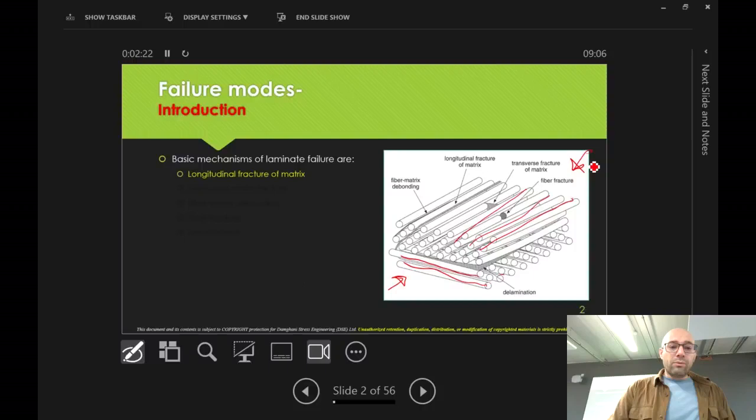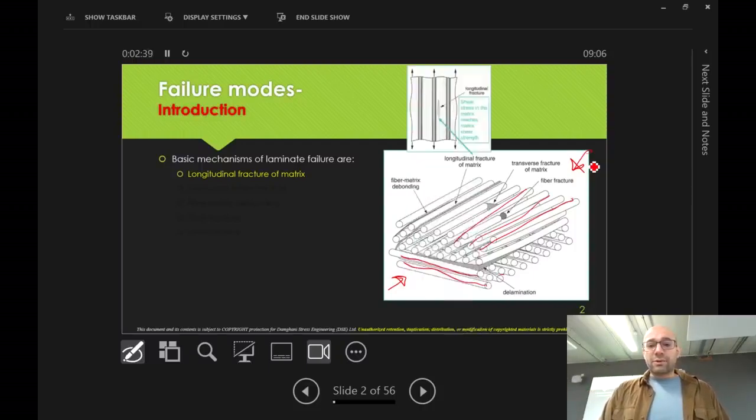So one of the mechanisms by which composites fail is through longitudinal fracture of the matrix itself, or the epoxy that keeps the fibers together.